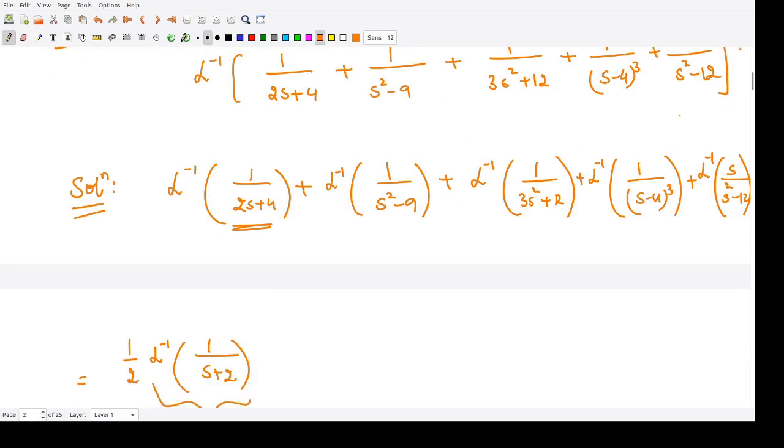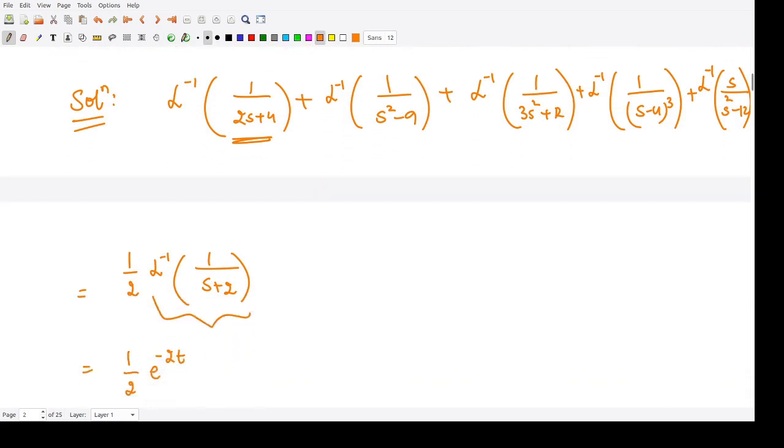Okay. So what would be the Laplace inverse of this quantity? Laplace inverse of 1 upon s square minus 9. So you could write 9 as 3 square. So the second quantity here would be sine hyperbolic 3t divided by 3. And then here also we can take 3 outside. So it would be 1 by 3. And then we would be left with Laplace inverse of 1 upon s square plus 4.